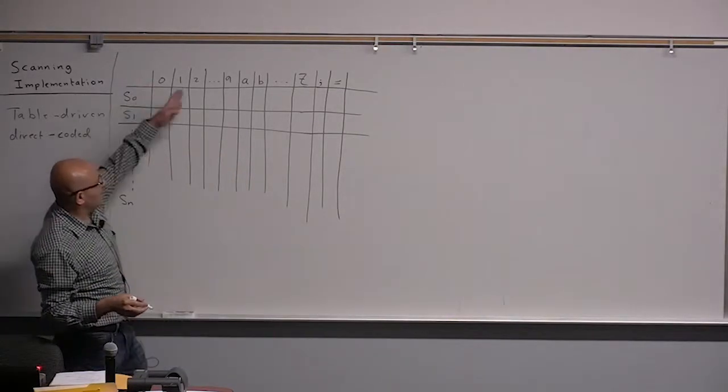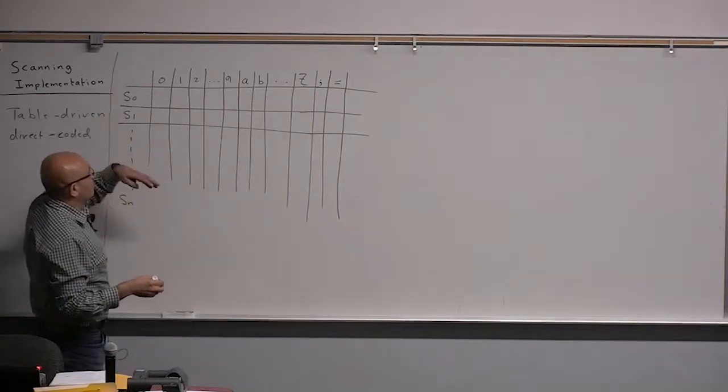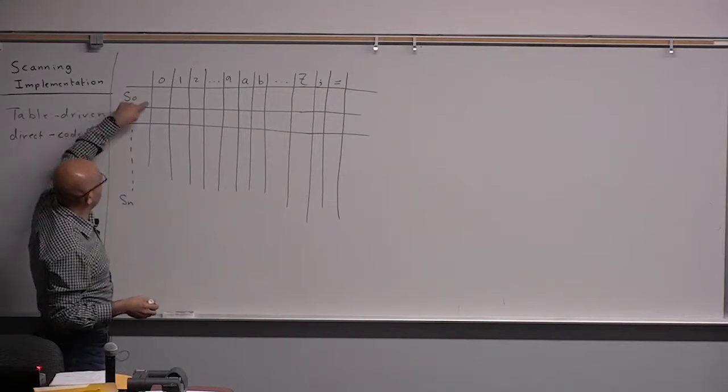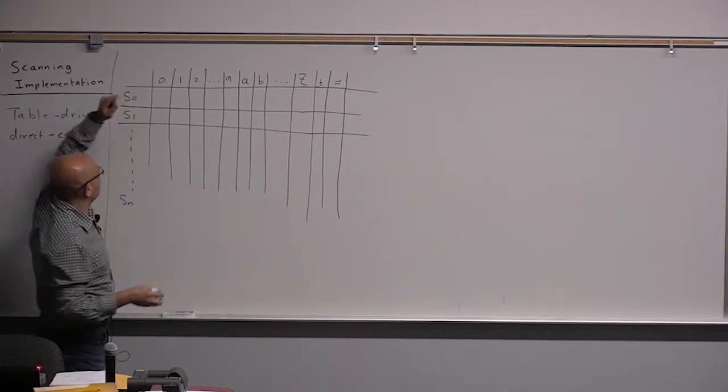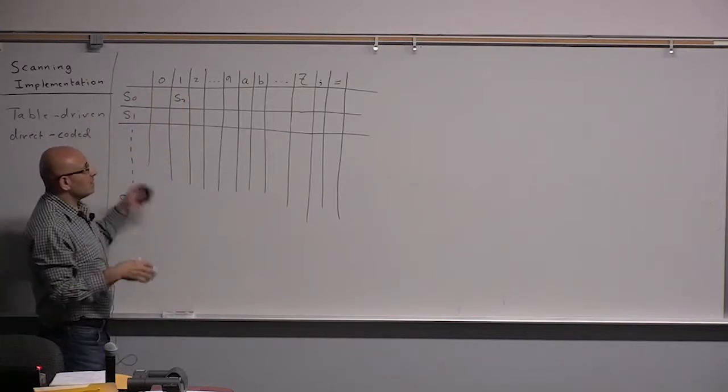So there will be a column for each one, and there will be a state. The DFA is just a two-dimensional table. So if we are in S0 and we get a 1, we go to S2, for example, and so forth.